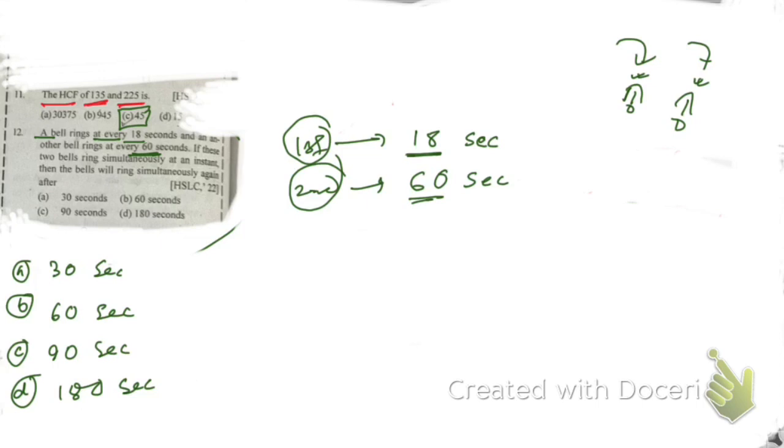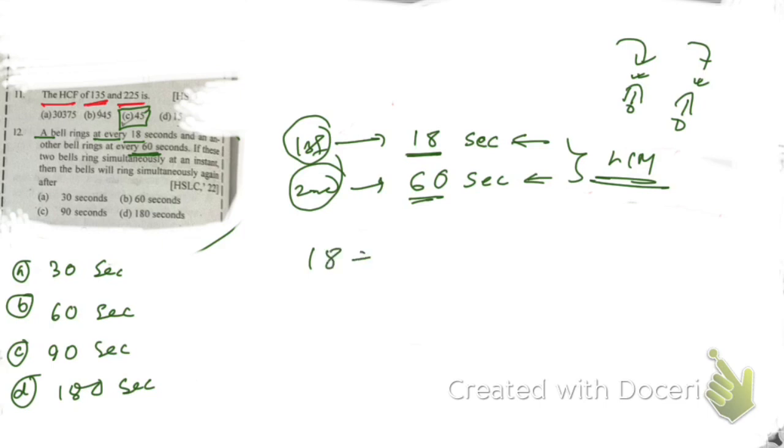If these two continue ringing, then after how many seconds will they ring together again? To find it, you have to take the LCM of these two intervals. So what will be the LCM of 18 and 60?